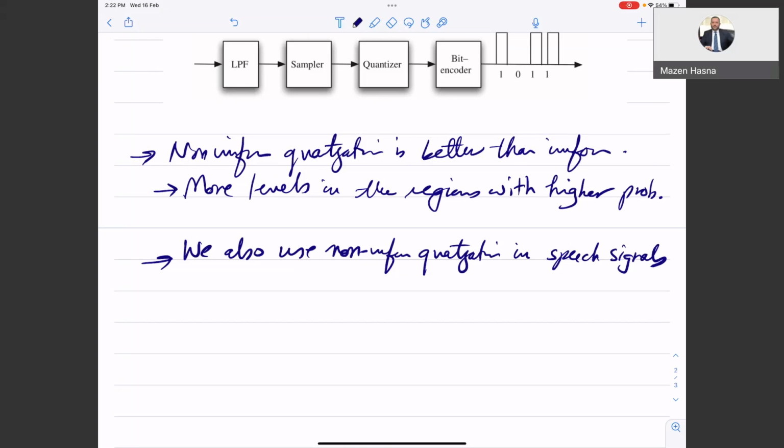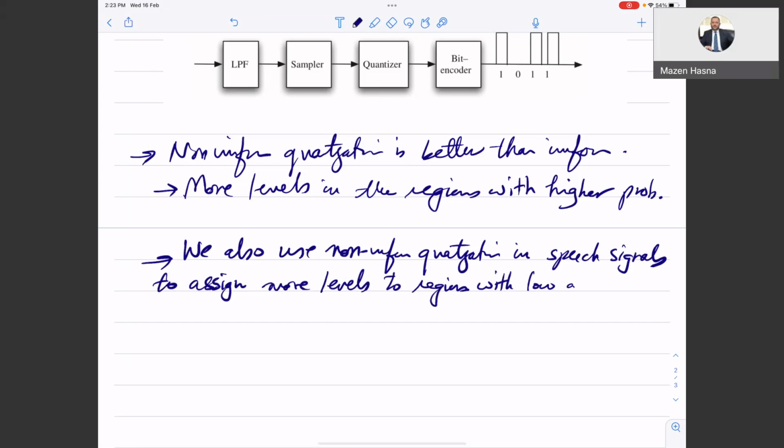We also use non-uniform quantization for speech signals to assign more levels to regions with low amplitudes, which are more common in speech signals.